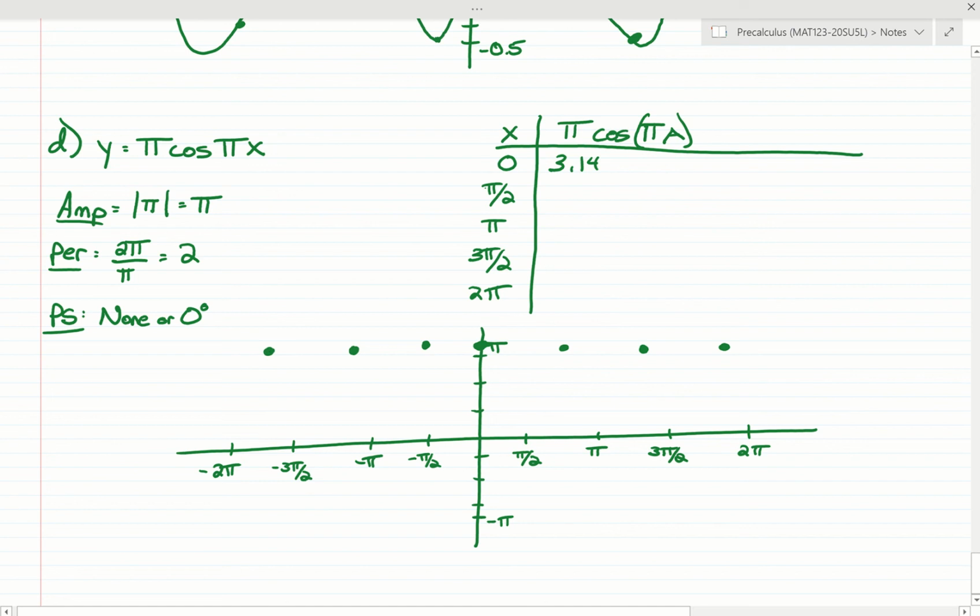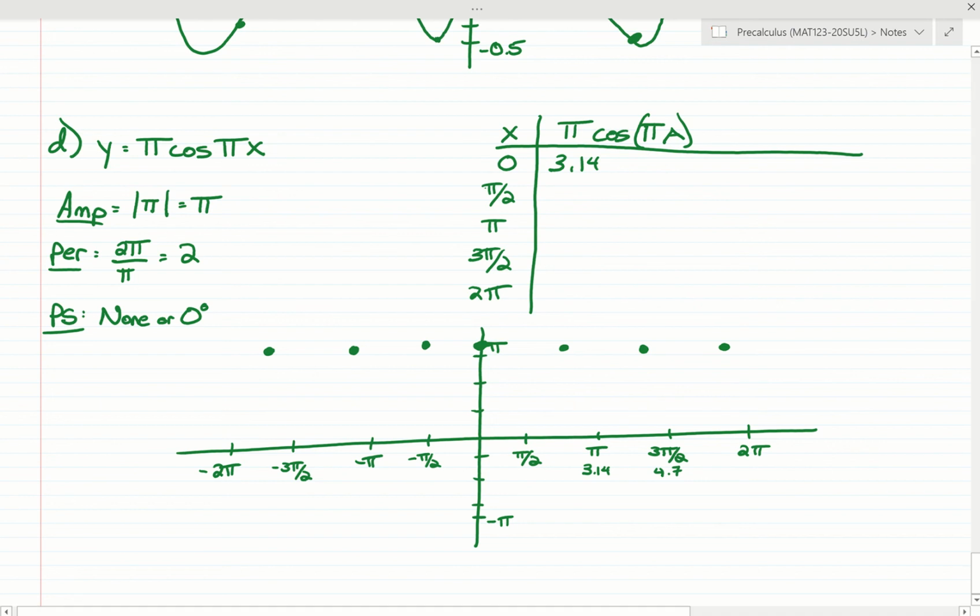All right, so this is pi radians, right? So that's 3.14. 3 pi over 2 is 4.7, so that's why I have that dot a little bit before that. And then this would be 6 point whatever, so I'll put a dot a little bit before that.